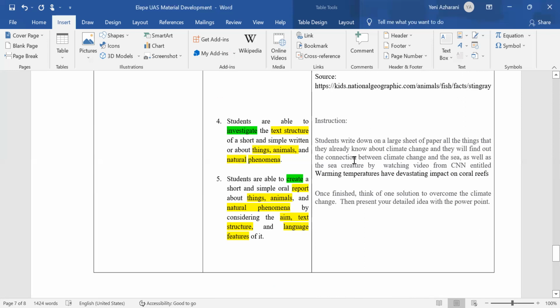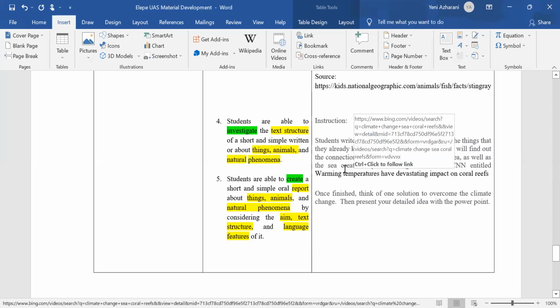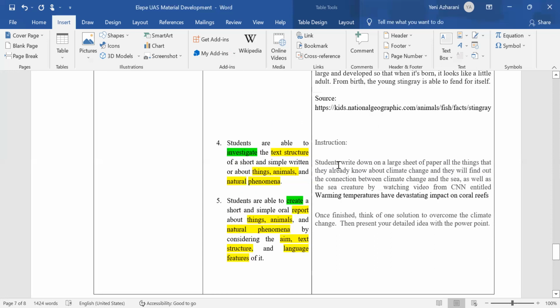Because climate change is also included as part of the basic competence before, as a natural phenomenon. So this time they're going to investigate and find out the connection between climate change and the sea as well as the sea creatures, because previously they have learned about the living things or non-living things under the sea.